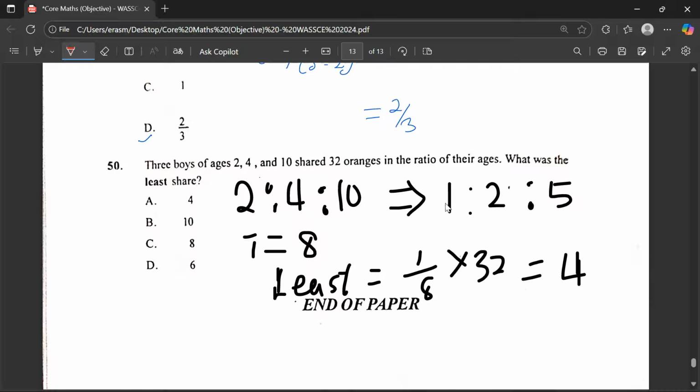Now the least value is the one with the least ratio, and that is 1. So we are going to have a total ratio of 1 plus 2 plus 5, that is 8. Then the least is going to be 1 on the total ratio times the total oranges shared, that is 32, and that equals 4. So the right answer is option A.